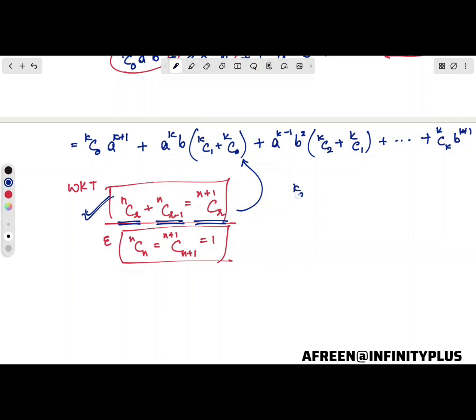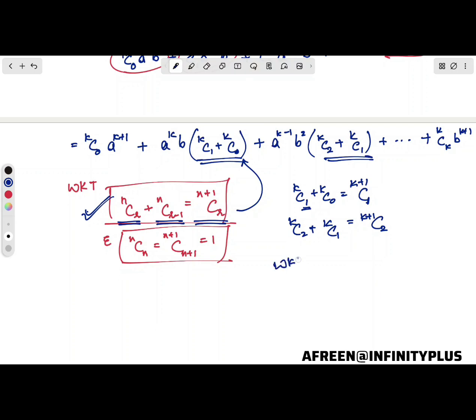So kC1 plus kC0 can be written as (k+1)C1, r is nothing but 1 here. And this one, kC2 plus kC1, means 2 minus 1 is 1, which is equal to (k+1)C2. Now substitute it and we will get the answer of the binomial theorem. And kC0 can be written as (k+1)C0.